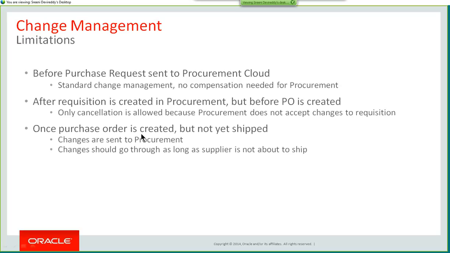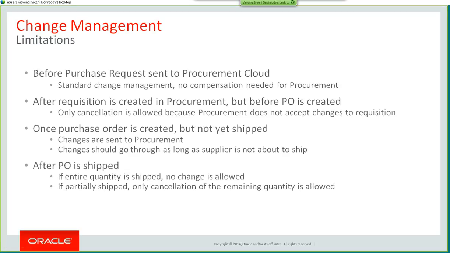After the purchase order is created and the goods are not shipped, whatever changes you make to the sales order are propagated across to the purchase order during this period. Once the PO is shipped, there's very little that you can do. These are the limitations that we have.